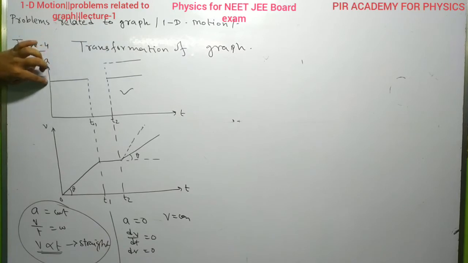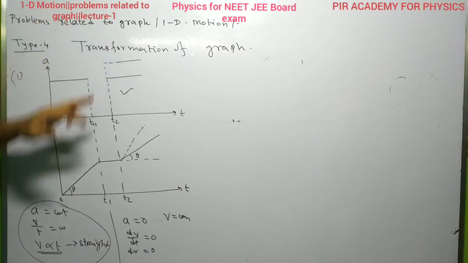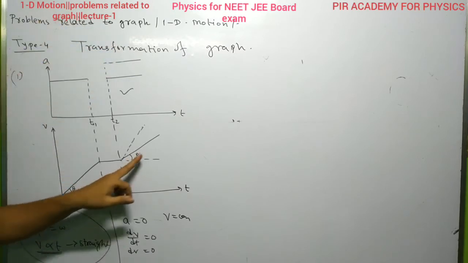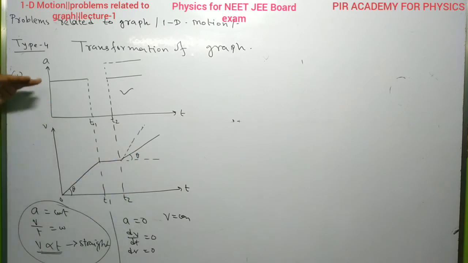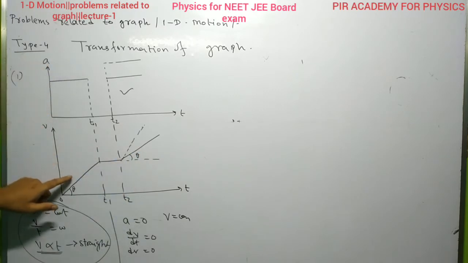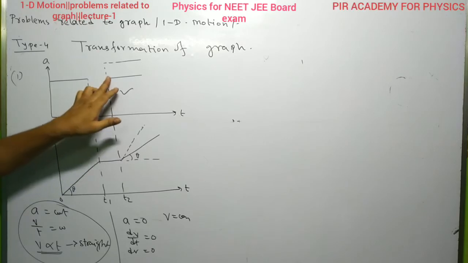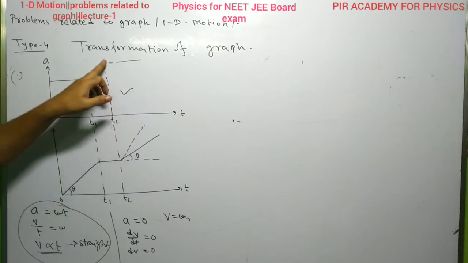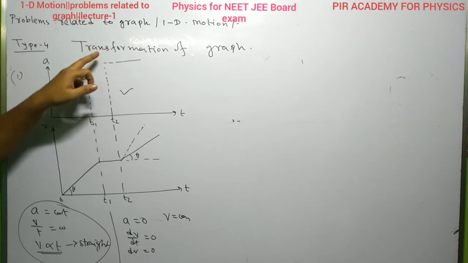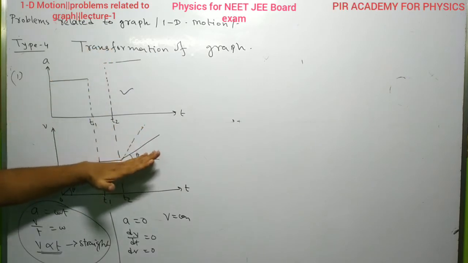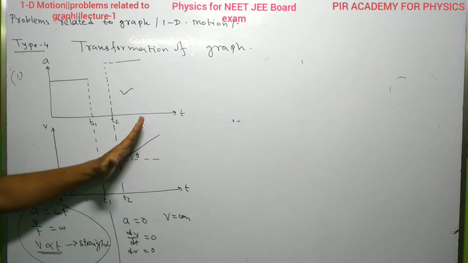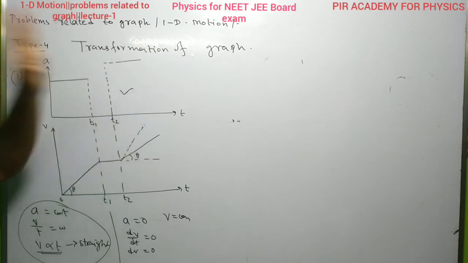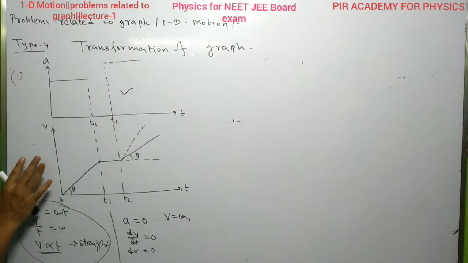If this acceleration and this acceleration are the same, then these two angles must be the same. If the acceleration is increasing, then the slope of this curve will be increasing. So this is the transformation of one type of graph.